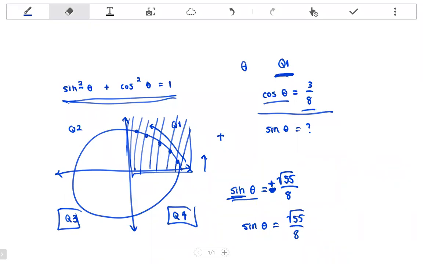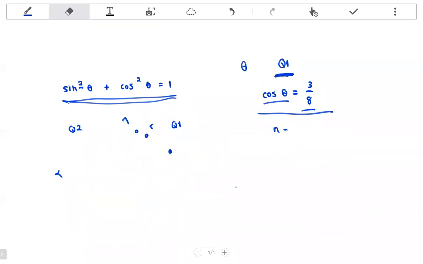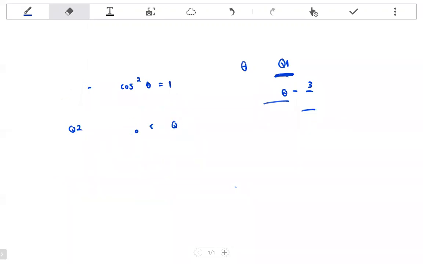I'm going to go over one more problem because that is quite confusing. Okay. So let's see, the angle theta is located in quadrant 4, okay?